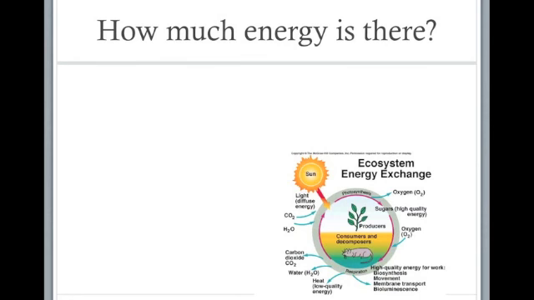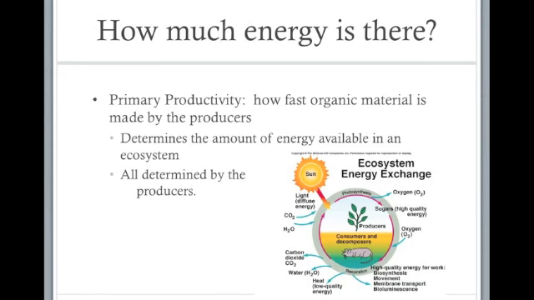So now how much energy there is in, say, an ecosystem is based on the producers. The producers are very important because those are the ones that are able to take the sun's energy or any inorganic energy and make it into usable energy for the rest of the organisms.